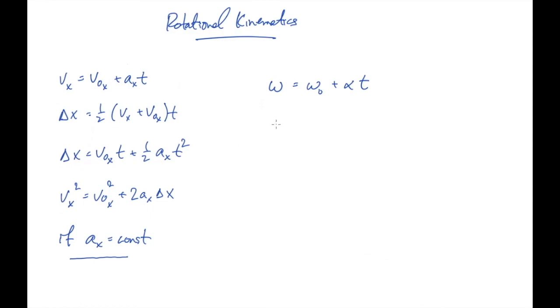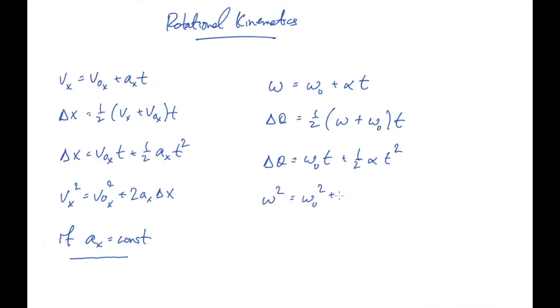Instead of the displacement delta x, we'll end up with the angular displacement, and again here, and the time independent equation. Which will apply if the angular acceleration is constant.